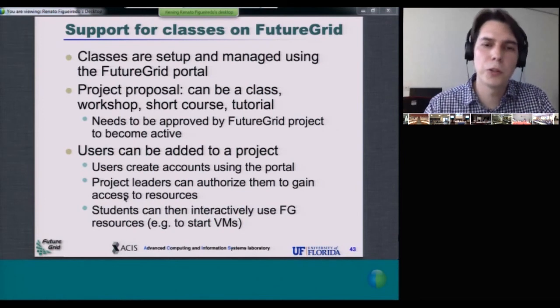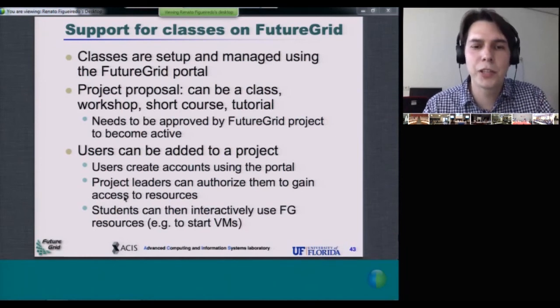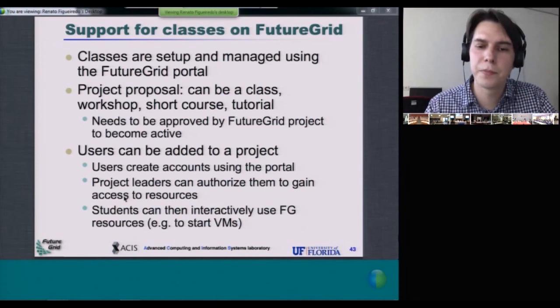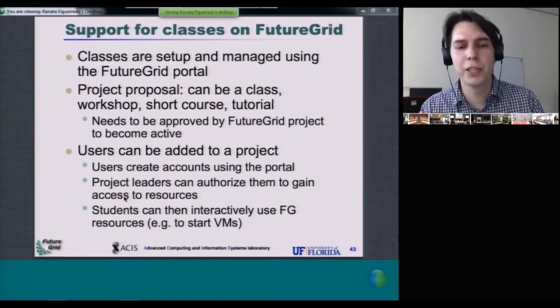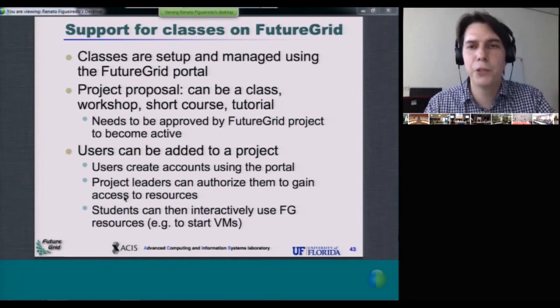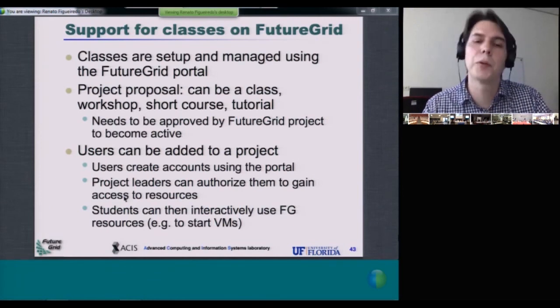So users will also, the students in the class, for example, will create accounts also using the FutureGrid portal, and you, as an instructor, for example, can authorize them to gain access to FutureGrid resources. And then the students can go onto FutureGrid and interact with FutureGrid to start virtual machine appliances and create their own virtual clusters, for example.